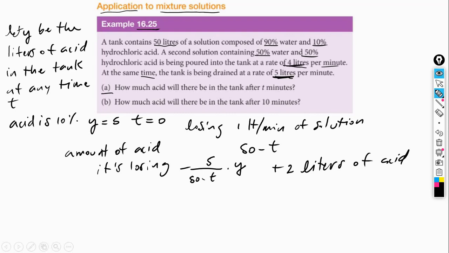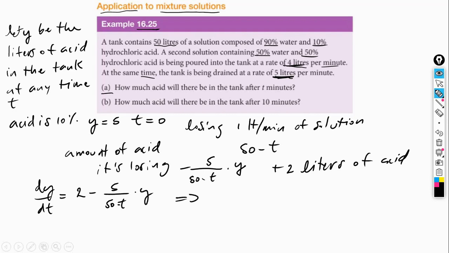Okay, so that means that we can set up a differential equation in the form rate of change of y is equal to 2 minus 5 over 50 minus t times y.